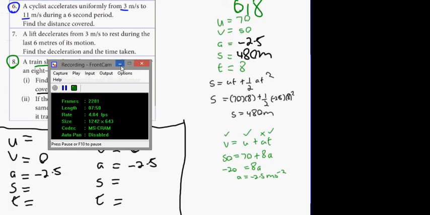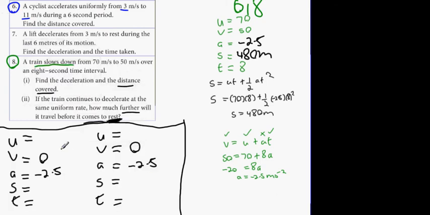So guys, you can have 2 different systems for getting this question. The first is that the acceleration is the same no matter what, because it continues to decelerate. Next piece of information is how long before it comes to rest: v equals 0. Now I have 2 ways of doing this.